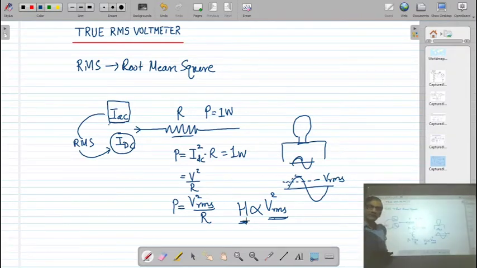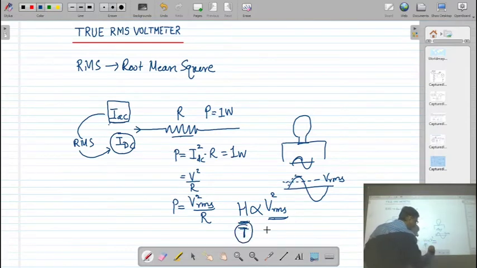So this is the basic principle of a true RMS voltmeter, where we are measuring the heat dissipation instead of measuring the RMS voltage directly. Correct? Now the question is how to measure this heat, or how to measure the temperature. The temperature will also be proportional to V square RMS.